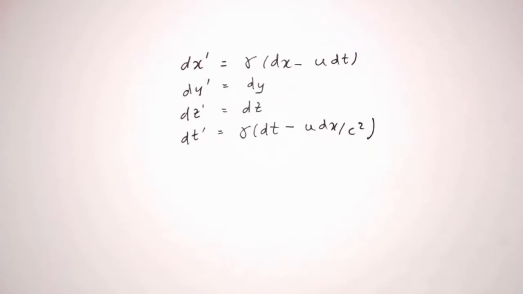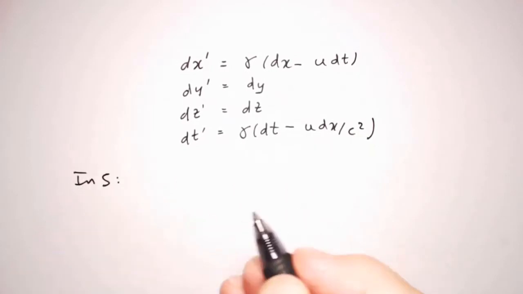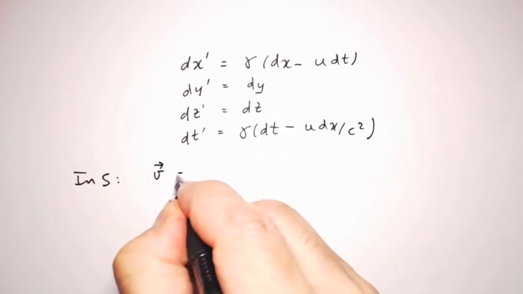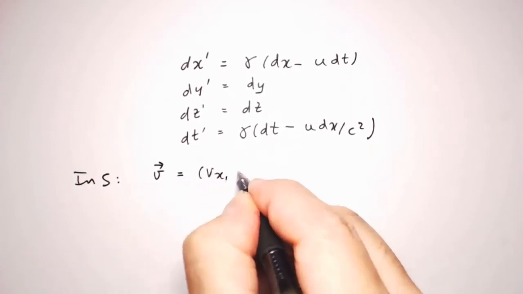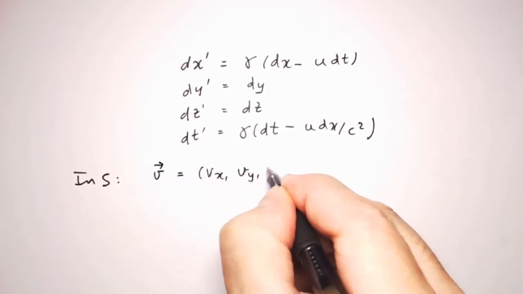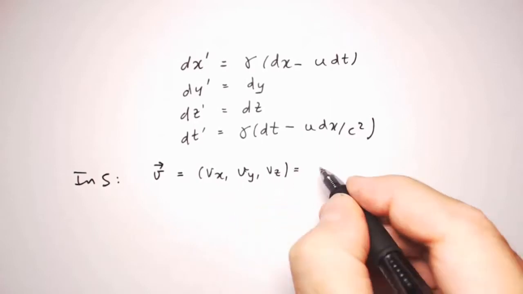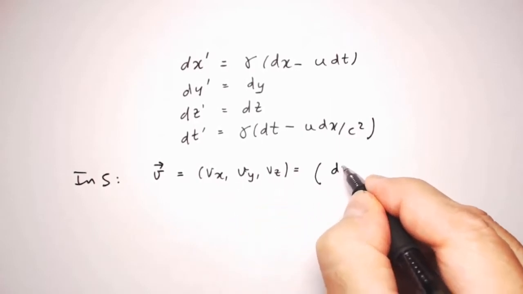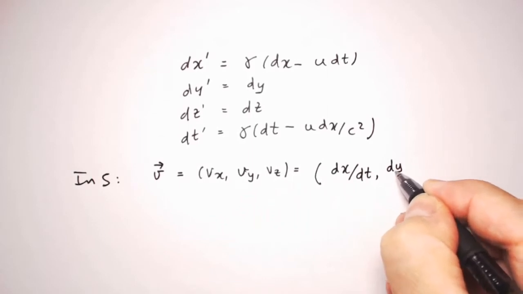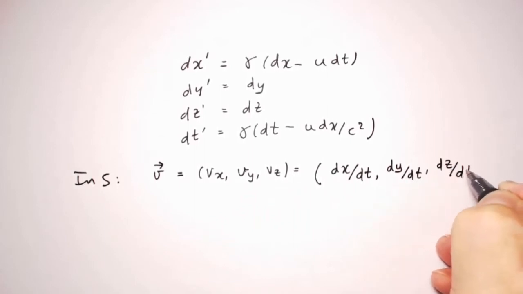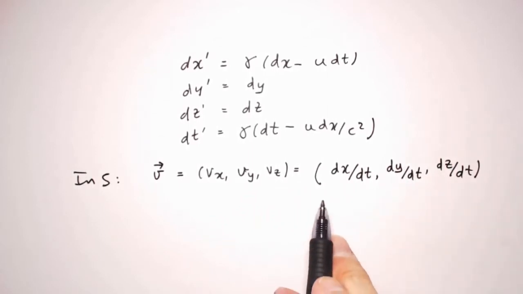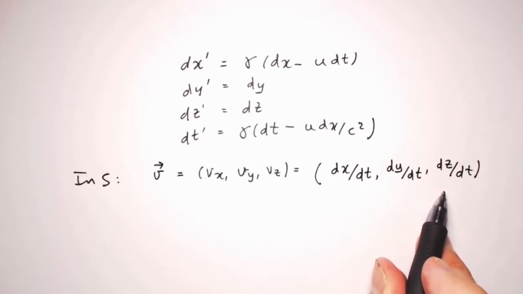Now to find the velocity in S, we have a certain velocity v, which is equal to (vx, vy, vz). These are the three components, and each of those is given by the ratio of these infinitesimals, and we can use that process. There is a more rigorous limiting process we can use, but this is sufficient for our purposes.